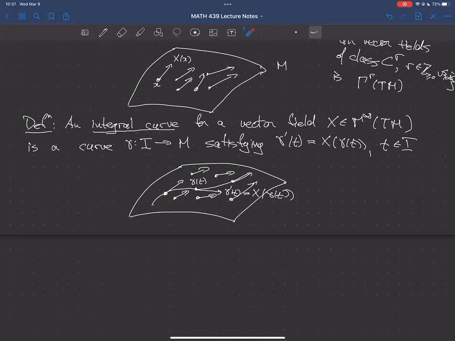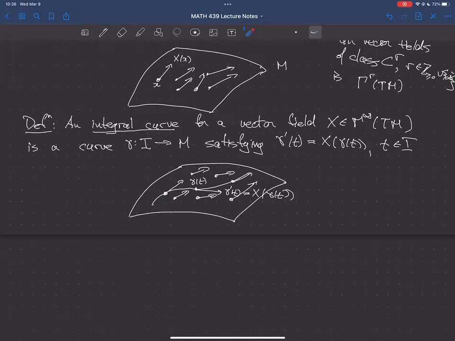All right, so there's an obvious question here. If you think about trying to fit such a curve to a field of tangent vectors, it's not immediately obvious that you can do that, first of all.